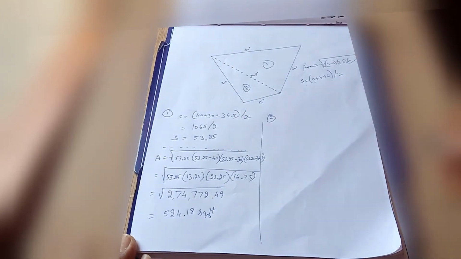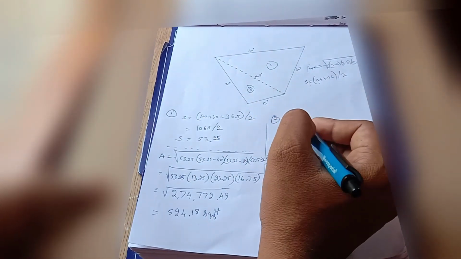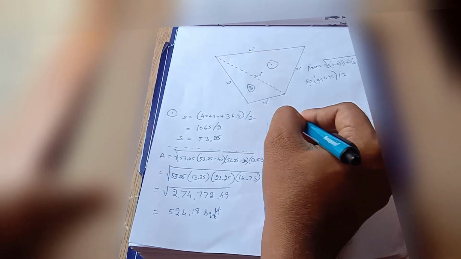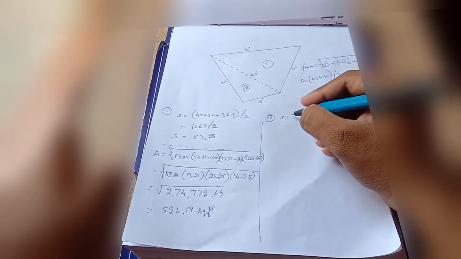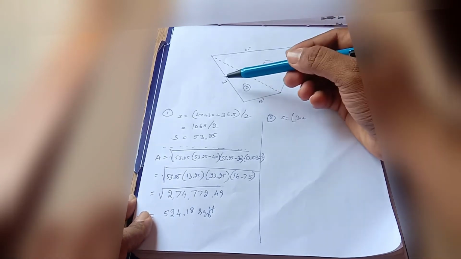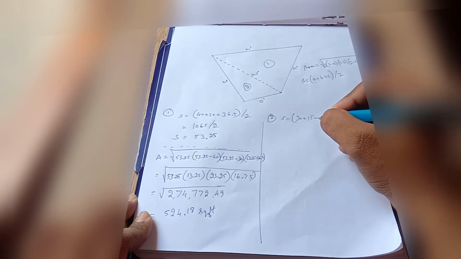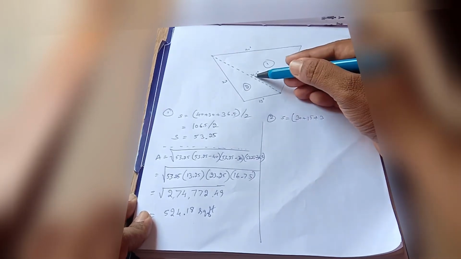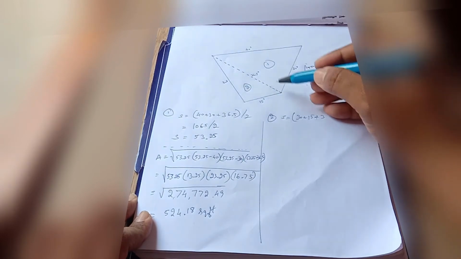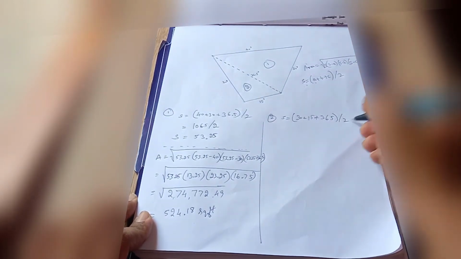We need to calculate the s value for the second triangle. The first number is 30, the second number is 15, and the third number is this, again the same length, shared with the other triangle, divided by 2.